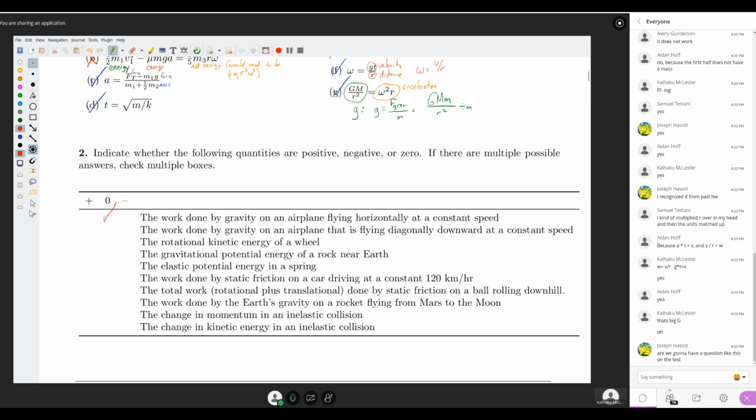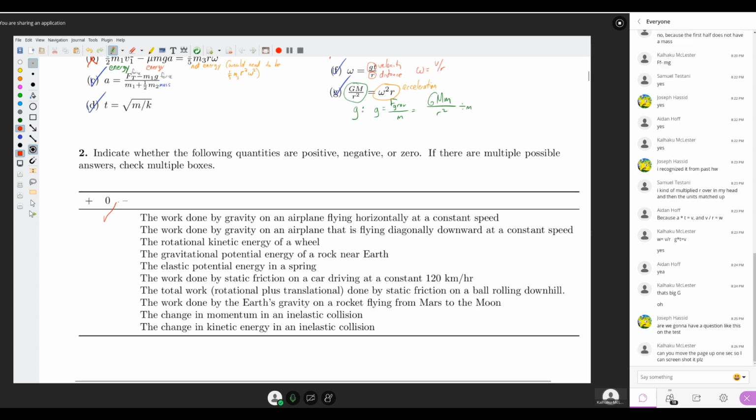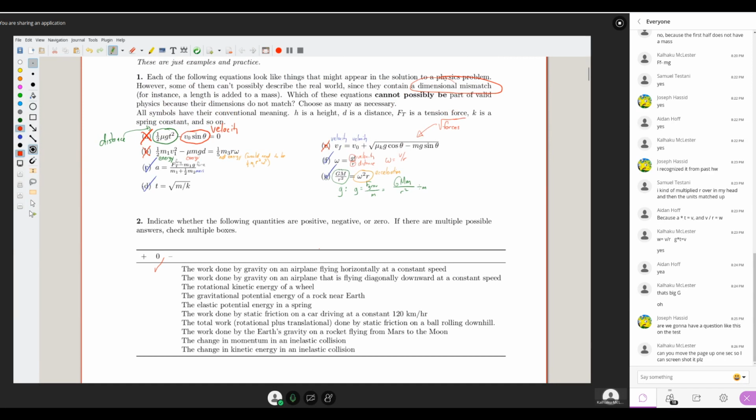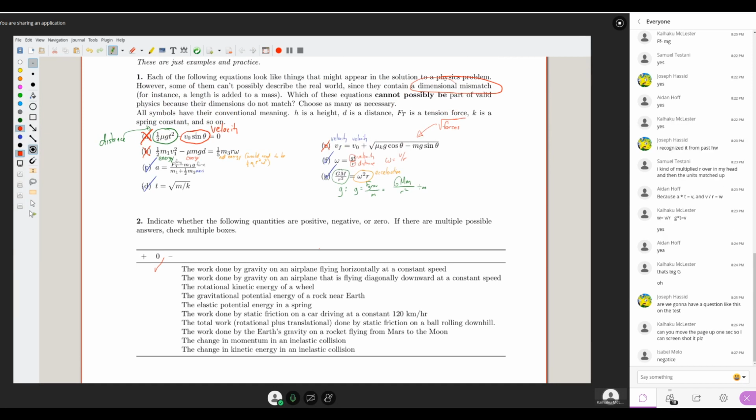Tell me about the next one. The work done by gravity on an airplane flying diagonally downward. Could I move the page up 1 second so you can screenshot it? Certainly. Negative. Actually, no, hang on, Isabel.